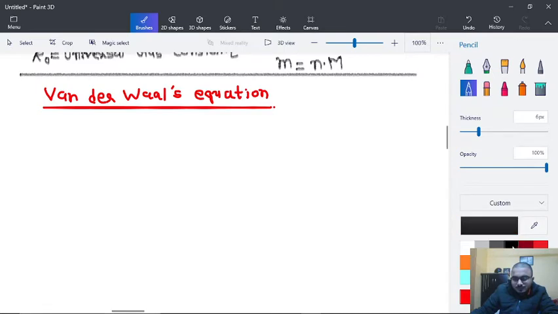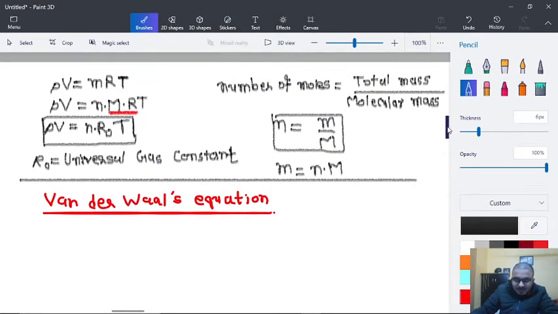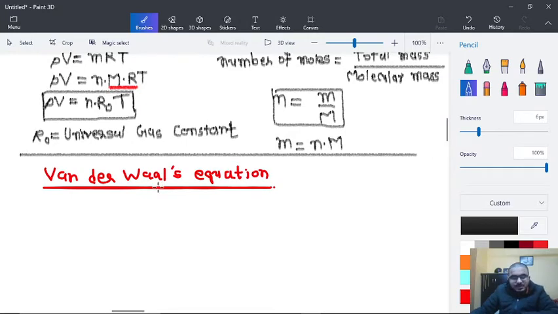The very standard form of ideal gas equation was PV is equal to RT. Let's assume the mass to be unit kg.